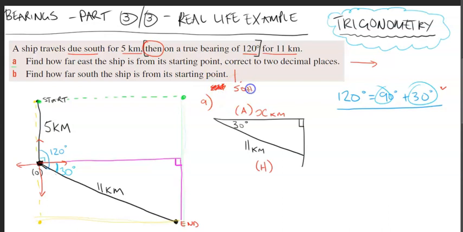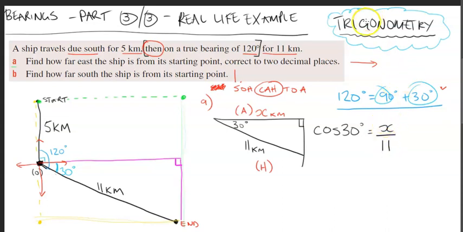SOHCAHTOA. Which one uses A and H? Well, that has to be the cos, and cos is equal to A over H. So let's write this trigonometric identity with the angle down. The cos of 30 degrees is equal to our adjacent, which is x, which is what we don't know, over the hypotenuse, which is 11.